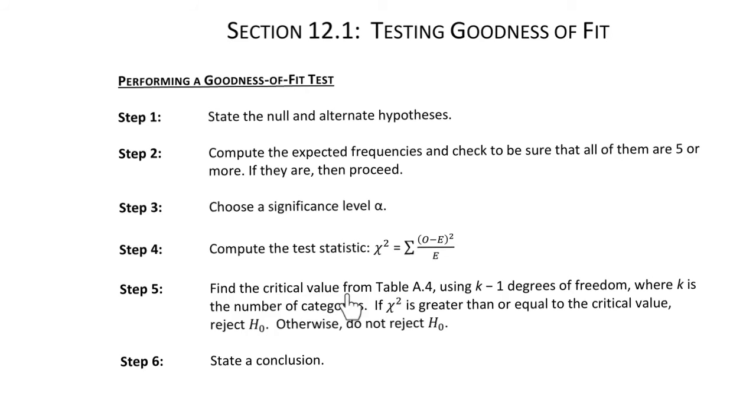Find the critical value from table A4 using k minus 1 degrees of freedom, where k is the number of categories. If chi-square is greater than or equal to the critical value, we reject the null hypothesis. Otherwise, we do not reject the null hypothesis. Then state a conclusion.